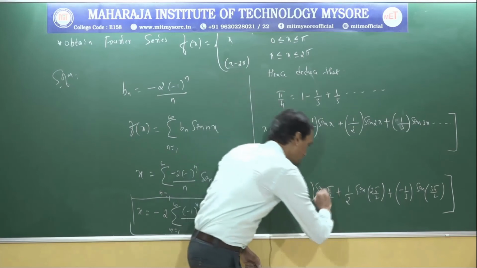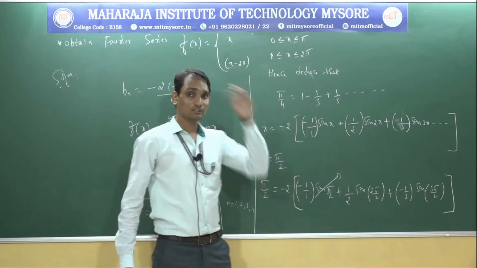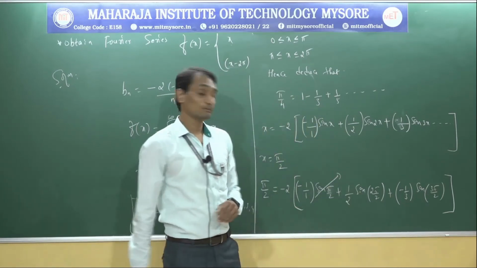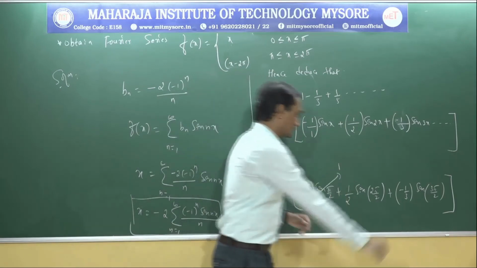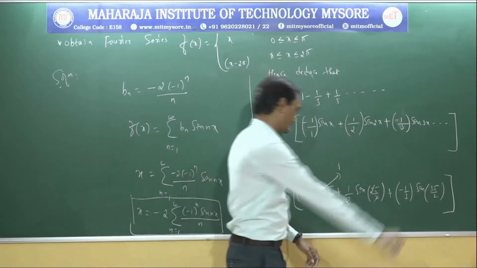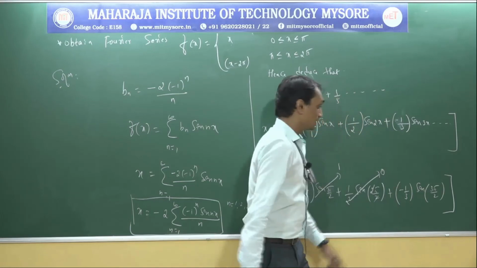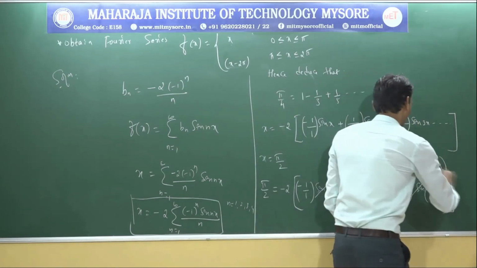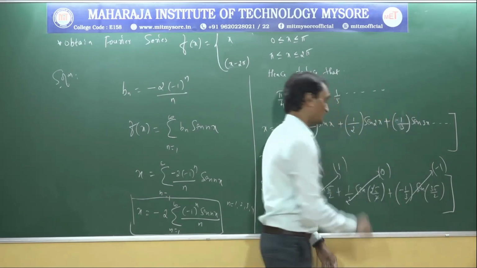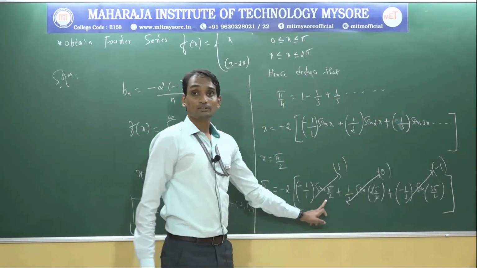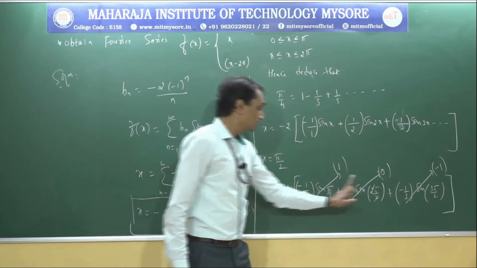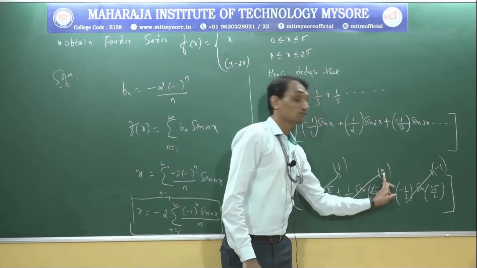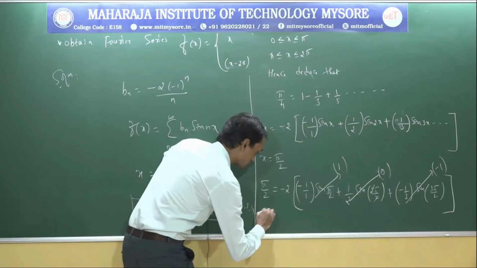We have the values: sin pi by 2 means 1. Sin pi is 0. Sin 3 pi by 2 means minus 1. Once again I repeat, sin pi by 2 is 1, the sin 2 pi by 2 term cancels since sin pi is 0. I cross multiply these two values.